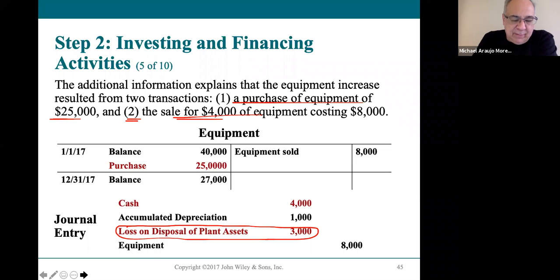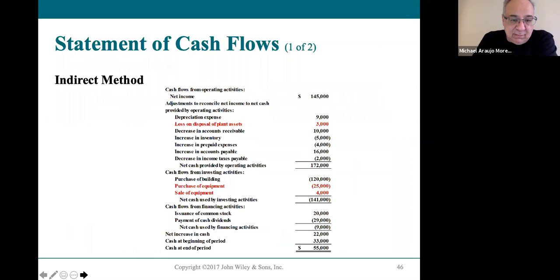And we saw that because we added it back in. The loss on the disposal of asset is added to the operating activity, whereas the purchase of the equipment and the sale of the equipment, which is cash coming in, shows up on the investing activities. So operating activities will have the loss reversed.